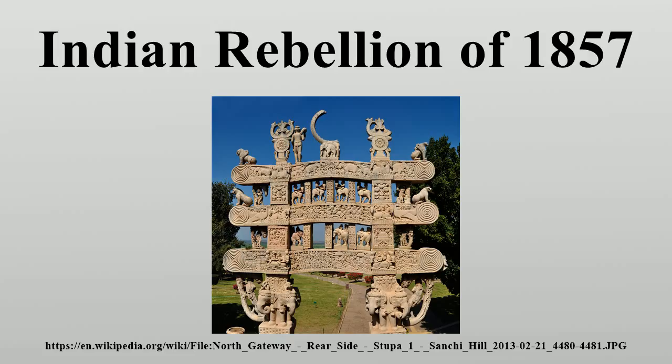Utilitarian and evangelical-inspired social reform, including the abolition of sati and the legalization of widow remarriage, was considered by many, especially the British themselves, to have caused suspicion that Indian religious traditions were being interfered with, with the ultimate aim of conversion.